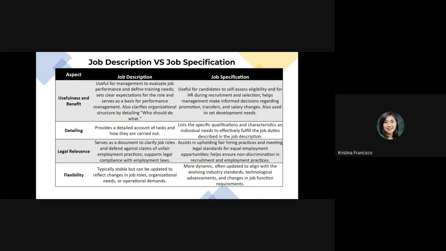And last, for flexibility, job descriptions are typically stable but can be updated as needed, while job specifications are more dynamic, meaning they evolve with industry standards and job requirements.